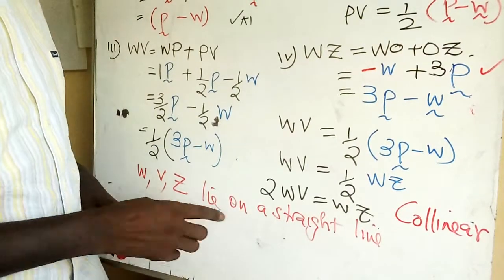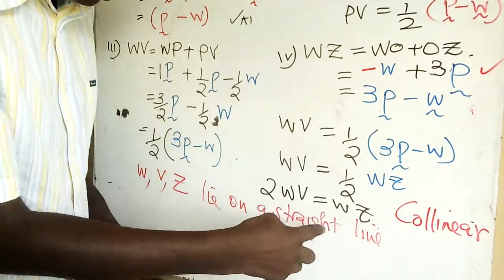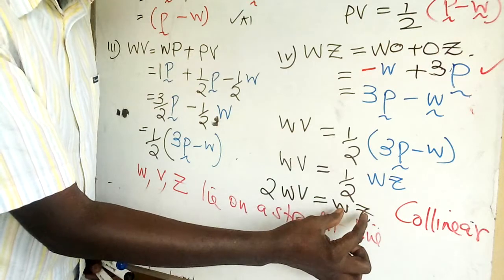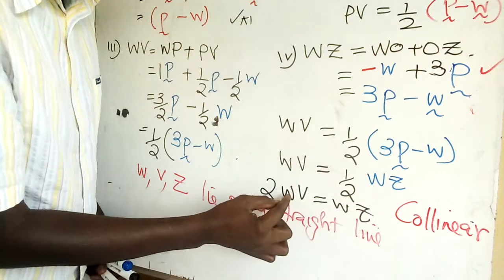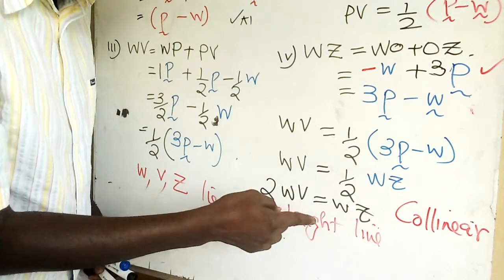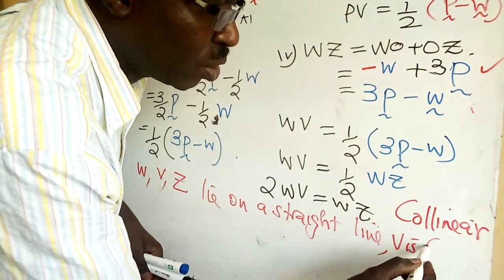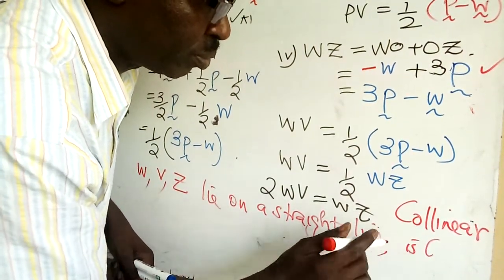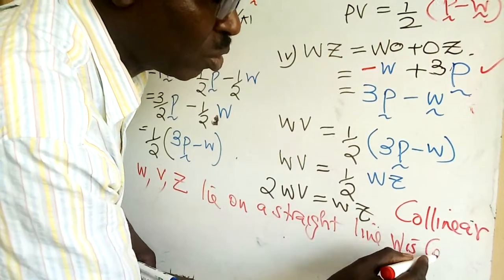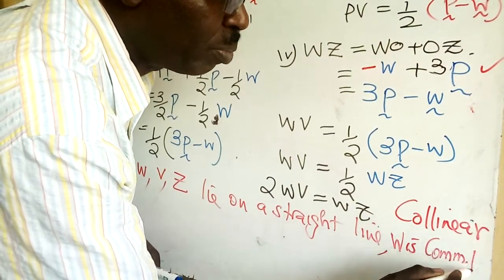And then you will also tell us there is a common point. On this vector we have WZ, and on this vector we have WV. So what is common? W is the common point.